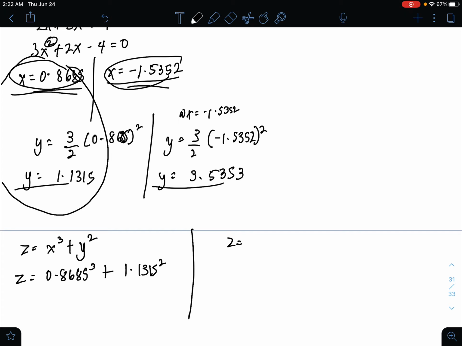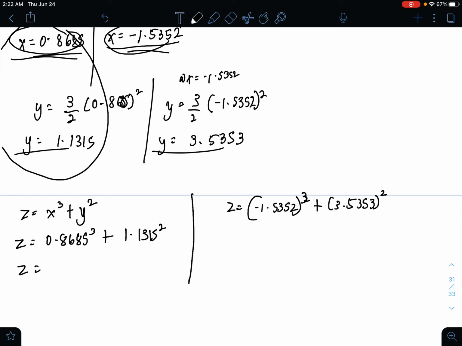And for the other one, negative 1.5352 cubed plus 3.5353 squared. So by using our calculator, the first one is 1.9354. Compare which is smaller of the two; that will be the answer.